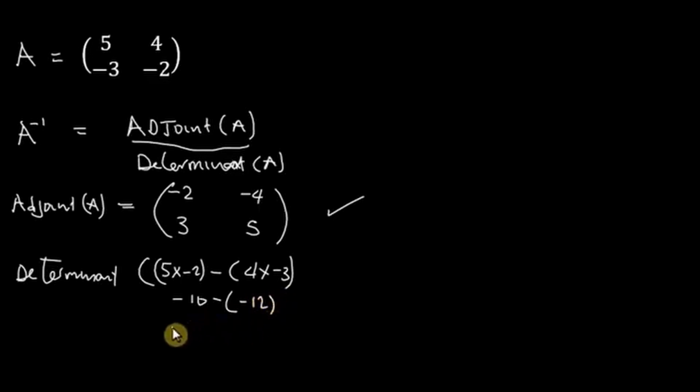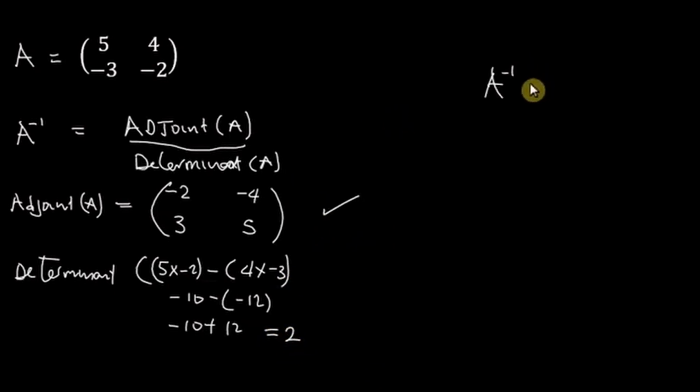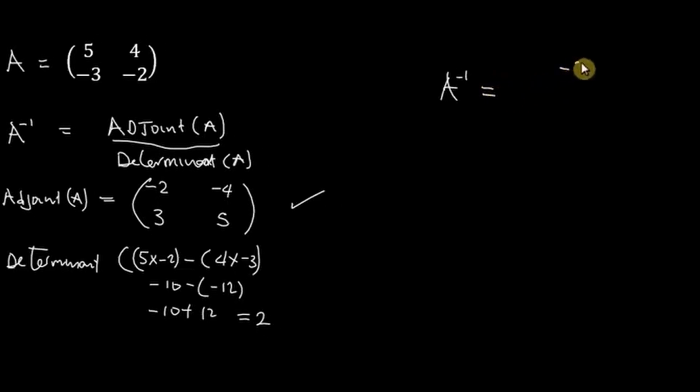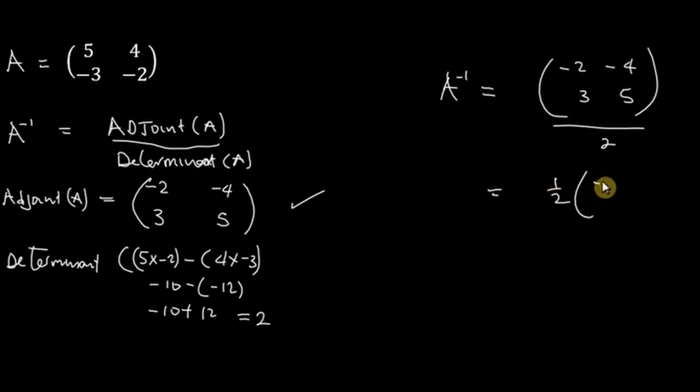So you'd end up with negative 10 plus 12, and that would be equal to 2. So your final answer, which is your inverse, would be negative 2, negative 4, 3, 5 all over 2, which could be rewritten as a half of negative 2, negative 4, 3, and 5.